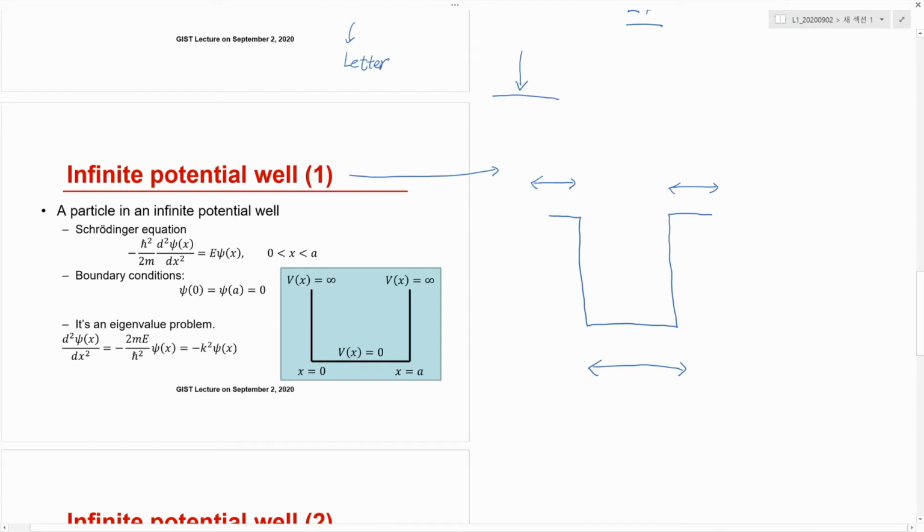This forbidden region can be achieved by an infinitely high barrier. Since the electron has an infinitely high barrier in this part, whatever energy the electron has, it cannot penetrate into this barrier layer.